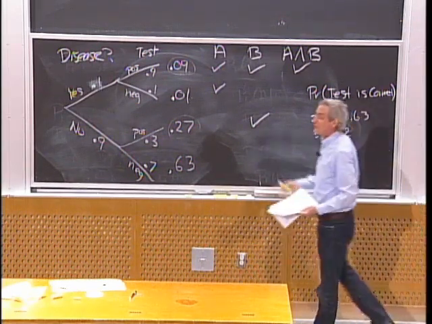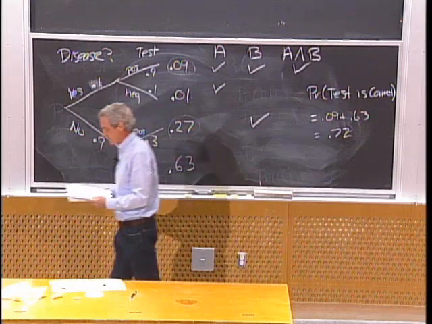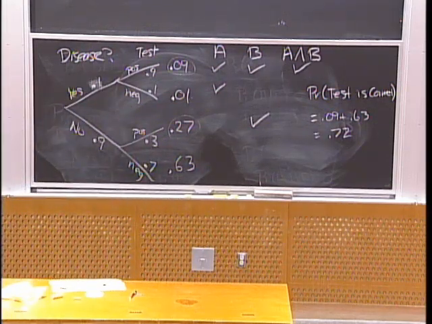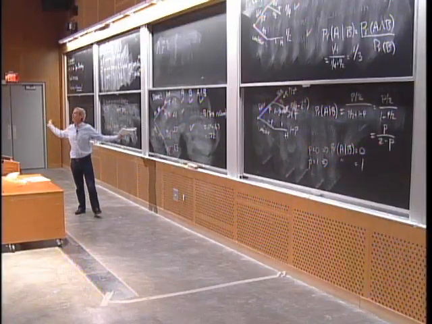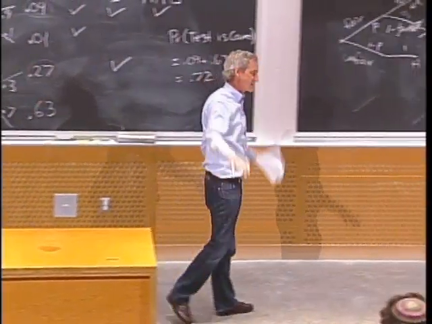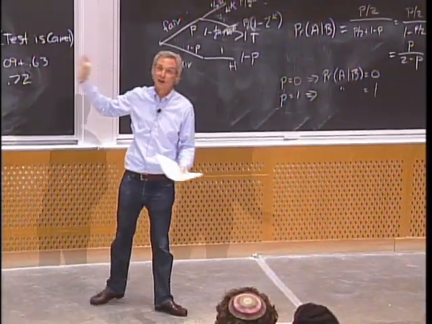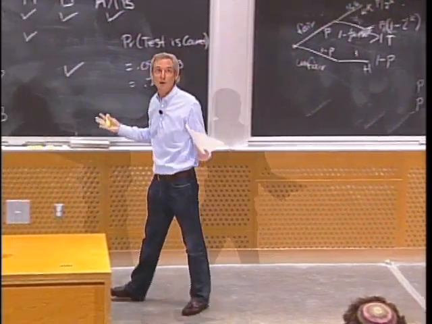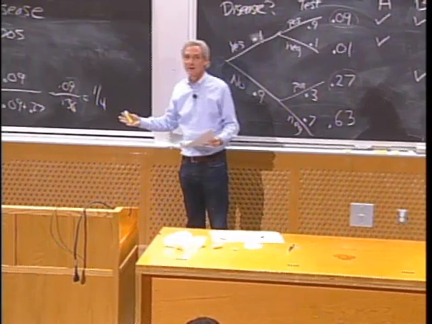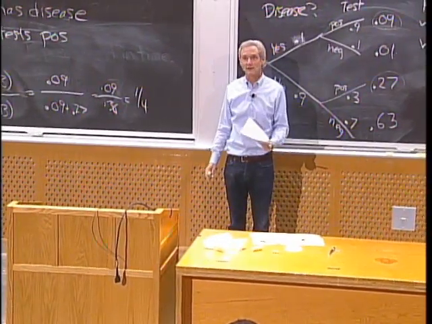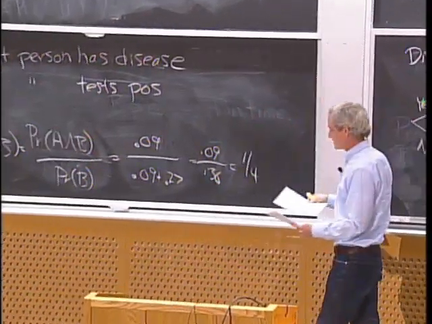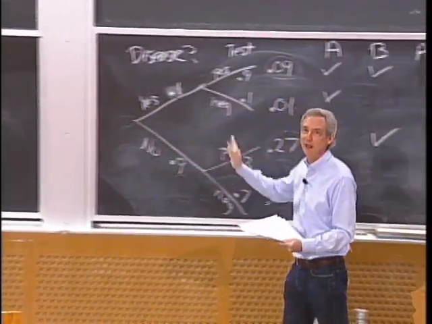Okay, this comes up in weather prediction, the same paradox. You know, for example, say you're trying to predict the weather for Seattle. Sometimes even seems like this in Boston. And you just say, it's going to rain. You know, forget all the fancy weather forecasting stuff, the radar and all the rest. Just say, it's going to rain tomorrow. You're going to be right almost all the time. Right? In fact, if you try to do fancy stuff, you're probably going to be wrong more of the time. Right? For example, in this case, if you just say the person does not have the disease, forget the lab test.